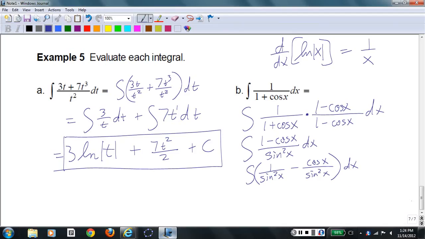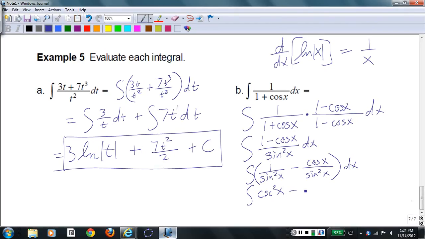Okay, if you just ask me, I'm not going to have any idea what we can take the derivative of to get 1 over sine squared x, but I might be able to figure out what we might take the derivative of to come up with cosecant squared x. That looks more like something on our list of derivatives of the half dozen trig functions.